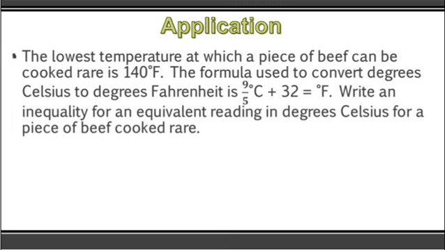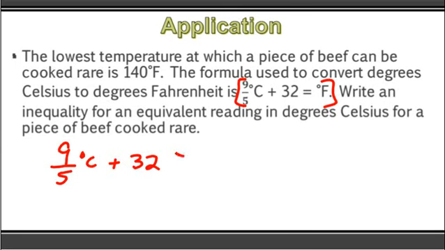So I'm going to start off with the formula that they gave us right here. So it'll be 9/5 degrees Celsius plus 32. But they said the lowest temperature at which a piece of beef can be cooked rare is 140 degrees. So it cannot be lower than that.